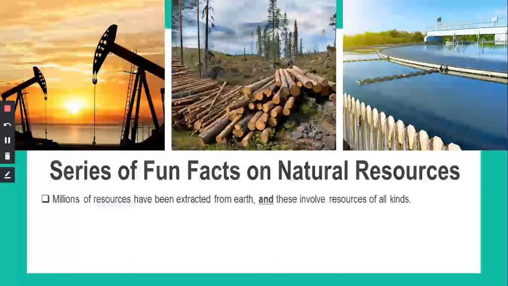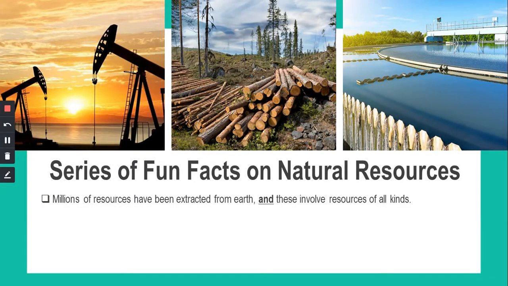For example, millions of resources have been extracted from Earth, and these involve resources of all kinds. Jutaan sumber daya alam sudah diambil dari bumi, dan sumber daya tersebut meliputi berbagai jenis. Okay? Jadi kalau kita lihat first sentence dengan second sentence, itu mereka saling mendukung. Maka dari itu kita menggunakan connector and. Nah, we need to pay attention to the comma before connector.